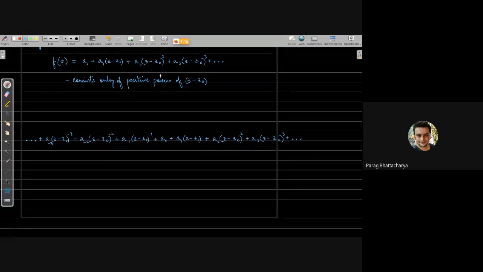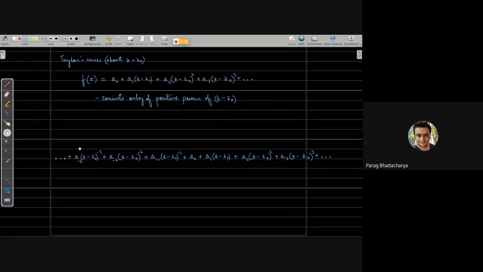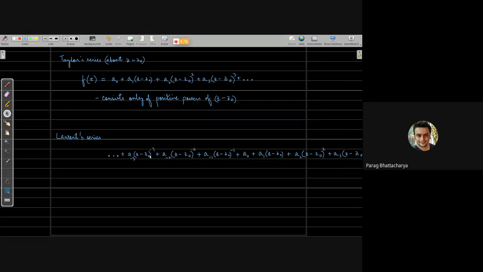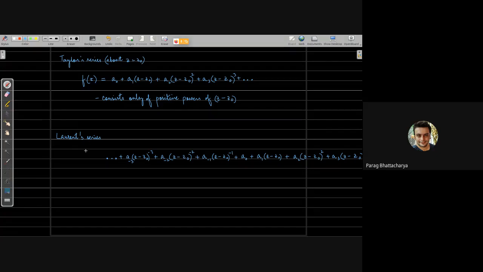So this is your Laurent series, and we could say that this function f of z can be written as a Laurent series about z equals z naught, where z naught is a singularity of this function.